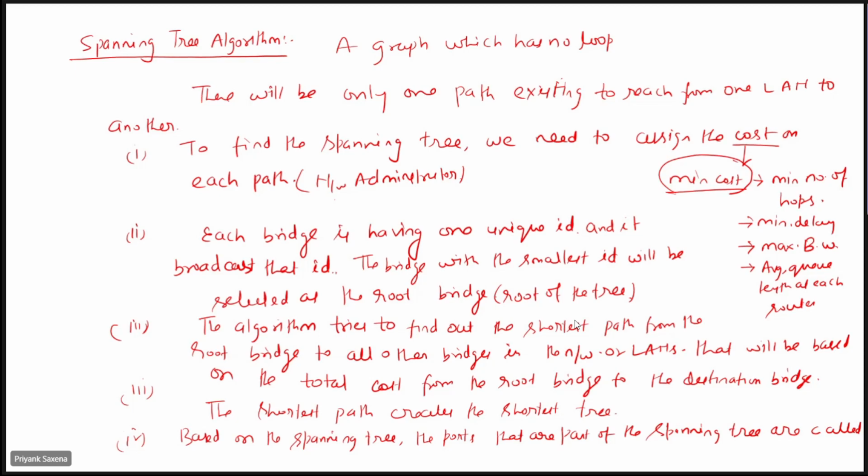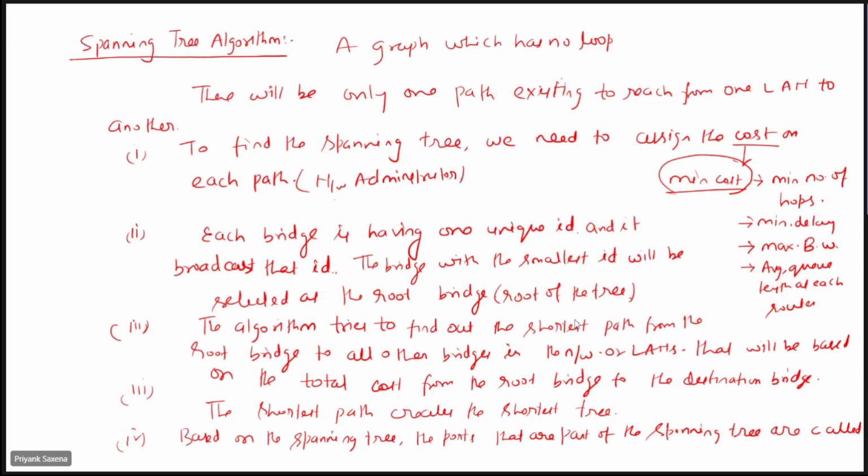Which bridge will be considered as the root bridge? How is the root bridge selection done? All the bridges in the network broadcast their unique IDs, device IDs, and then the bridge with the smallest ID is chosen as the root bridge.